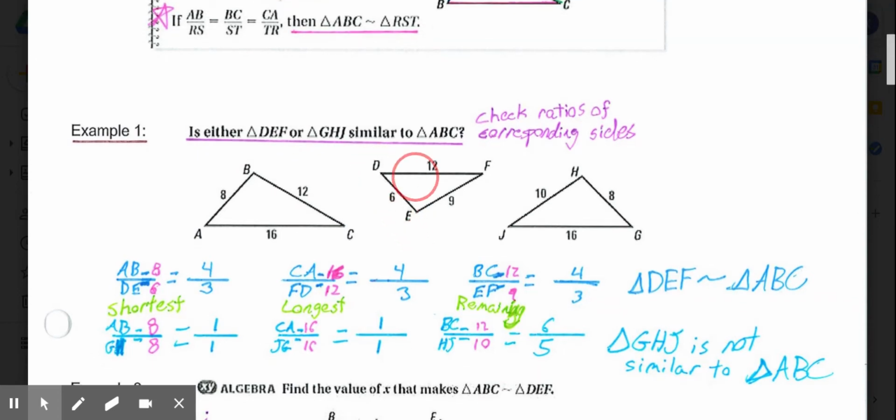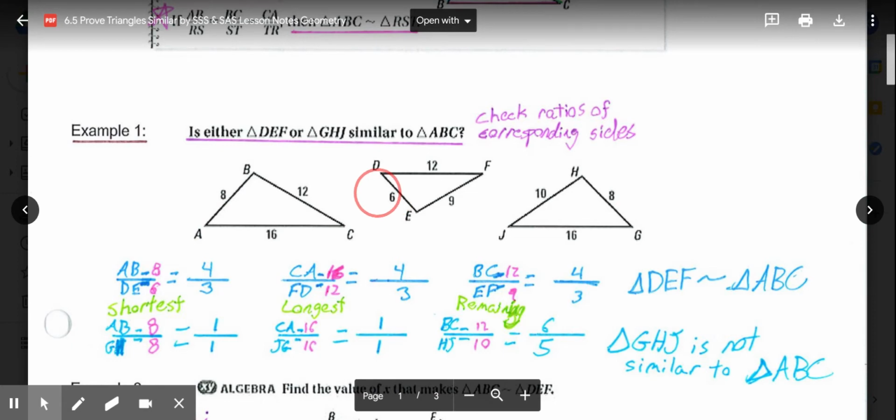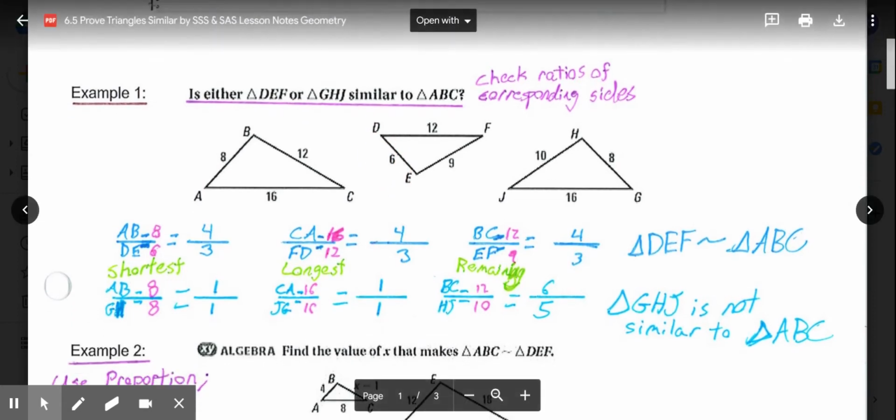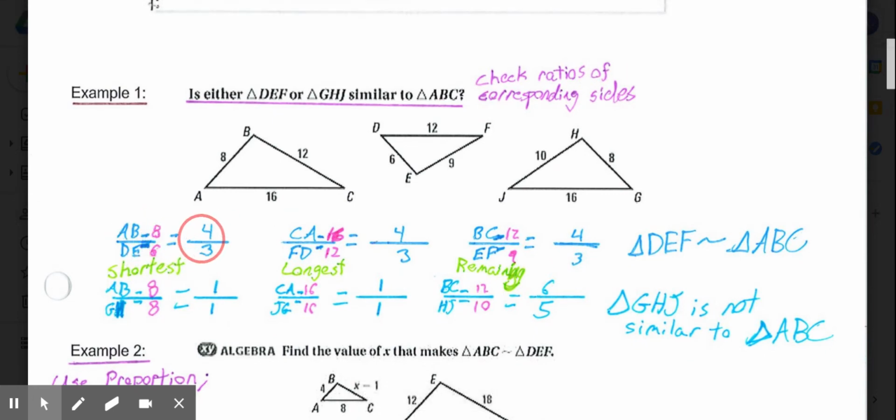I'd want to visually flip this triangle so that the E was on top, so it would correspond with the B. Then D would correspond with A, and F with C. So side AB on this triangle, we're checking with DE on this one. AB was 8, DE was 6. 8 over 6 simplifies to 4/3.